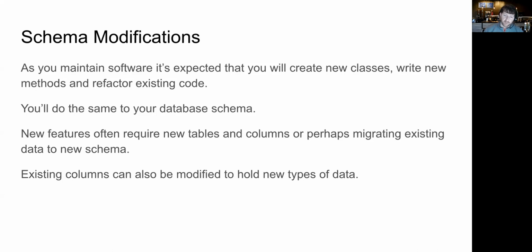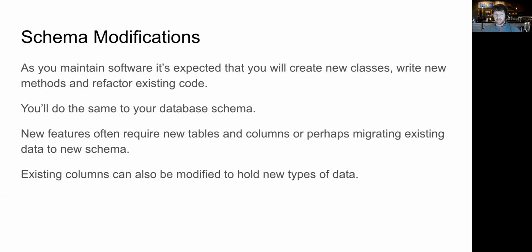New features often require new tables and columns, or perhaps migrating existing data to a new schema. At my last job, as we added new features and capabilities to our product, we would modify specific columns in already existing tables or add new columns to tables.